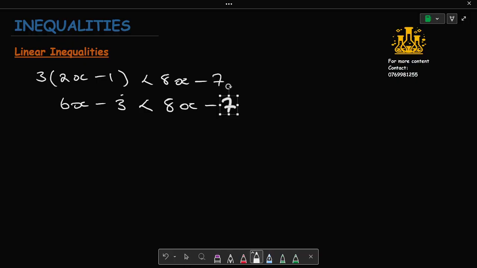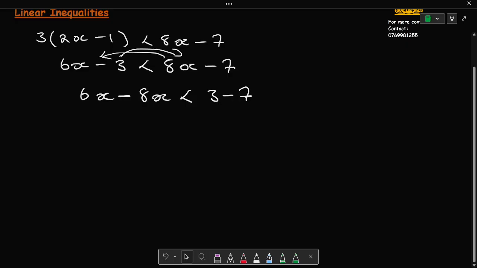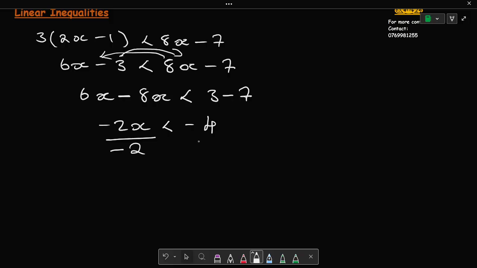This one will jump to the other side, this one to this side, and what we have is 6x minus 8x is less than 3 minus 7, and what we're going to get will be negative 2x less than negative 4, and we're going to divide by negative 2 and by negative 2 on this side.